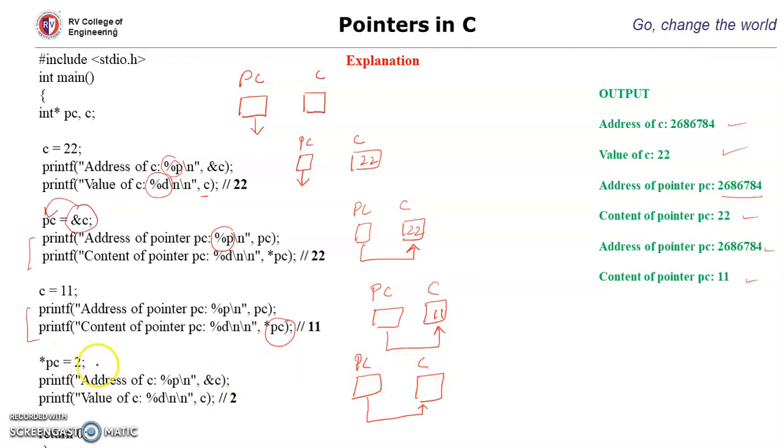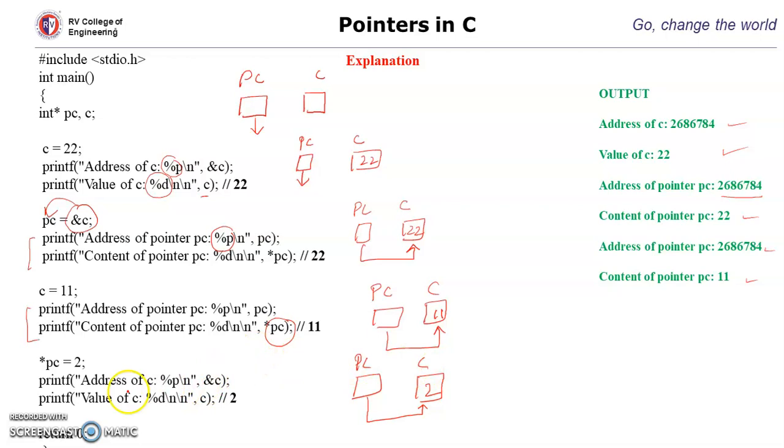So when we write *pc = 2, this statement will change the value at the memory location pointed to by pc. pc is pointing to the memory location of variable c, and whatever value is stored there, it will change that value. So now this will become 2.